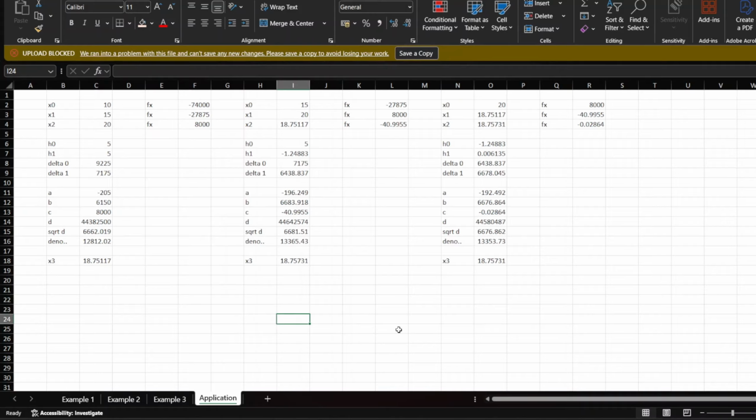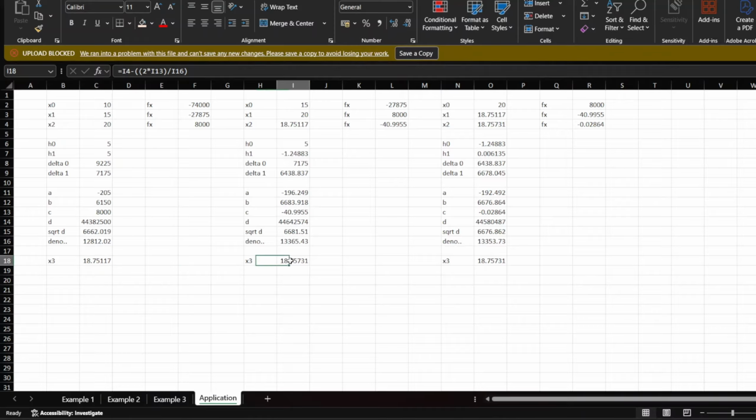Okay, coming to the application, this is a real world application, which is used to avoid tragedy. We got the data here, which is the safe distance between two planes.